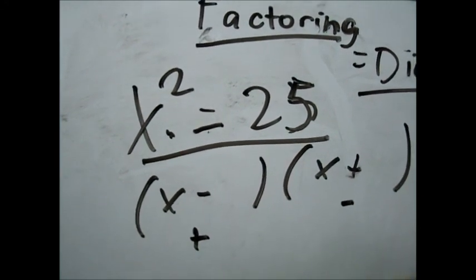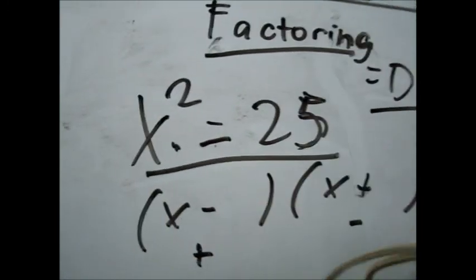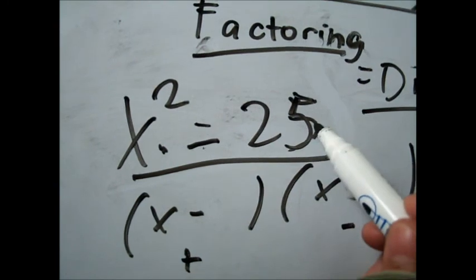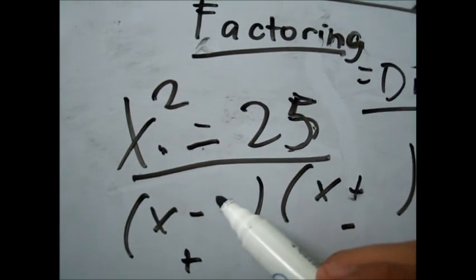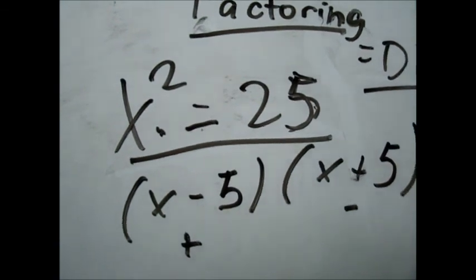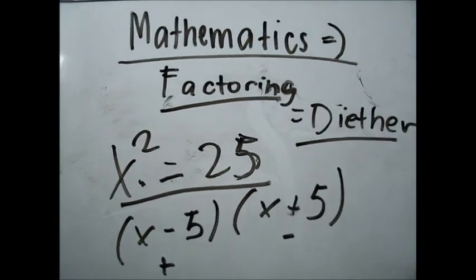It will arrive at the same answer as I said before. And the square root of 25, the last term, will be 5 and 5. So that is the answer, guys.